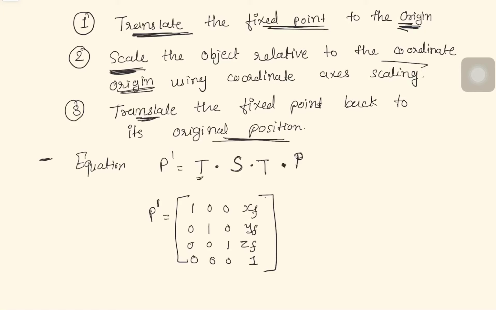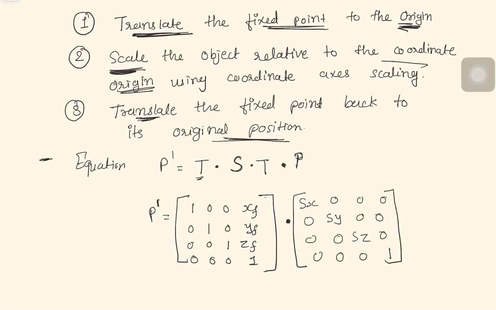That is our first step. Now second step is scale the object relative to the coordinate origin. So Sx, Sy, Sz and 1. So Sx 0 0 0, 0 Sy 0 0, 0 0 Sz 0, 0 0 0 1. This is the formula for S.